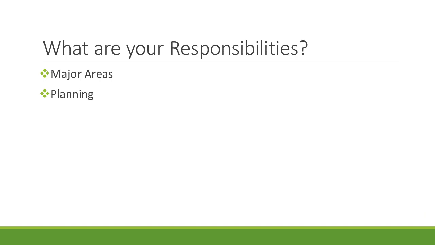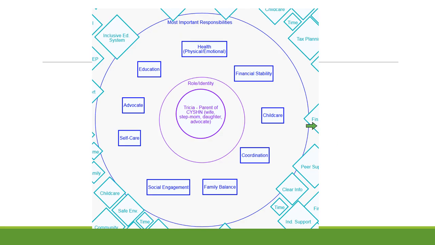So again, if you take a look at what I have here identified as my most important responsibilities, I included Charlie's health, which includes physical and emotional health, financial stability, child care.